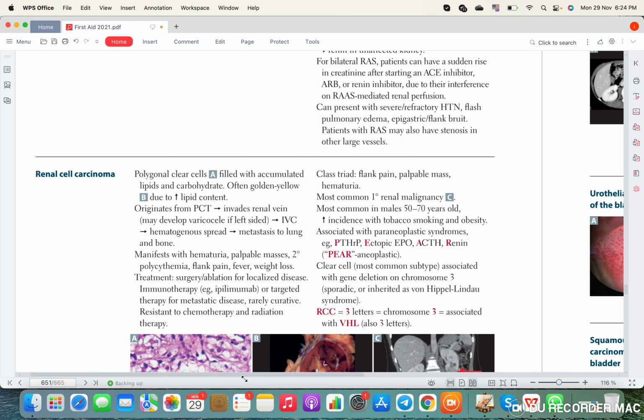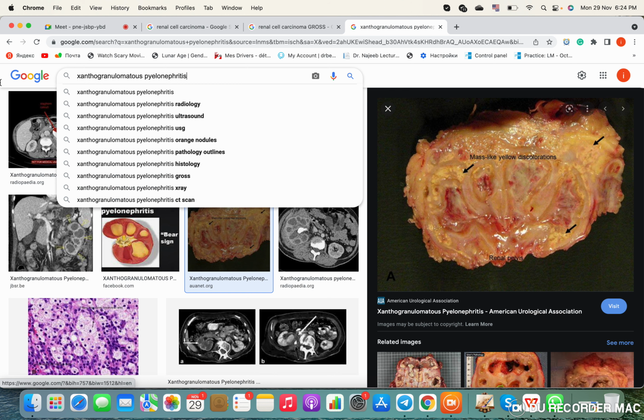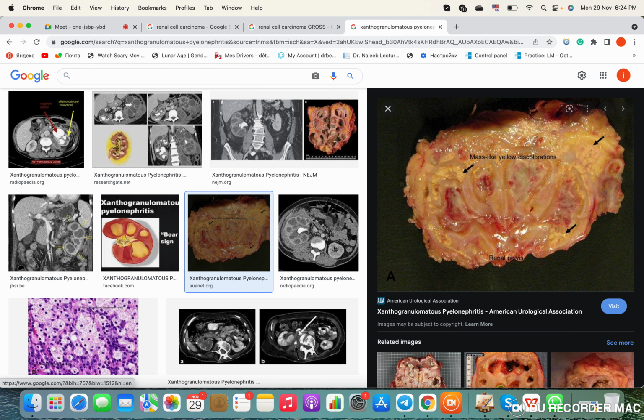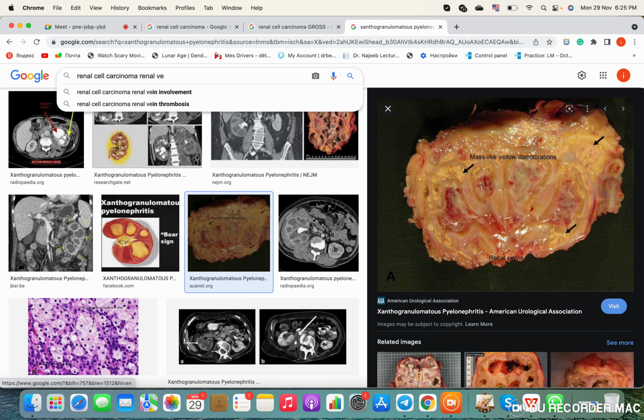Well, the question comes, why? Why is renal cell carcinoma going to the blood and not doing like the other ones, not going through the lymph? Renal cell carcinoma actually likes to invade the renal vein. It goes inside of the renal vein.